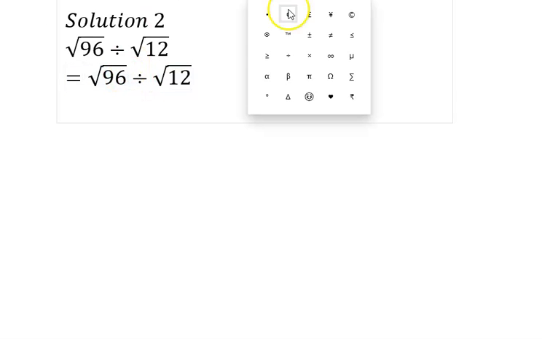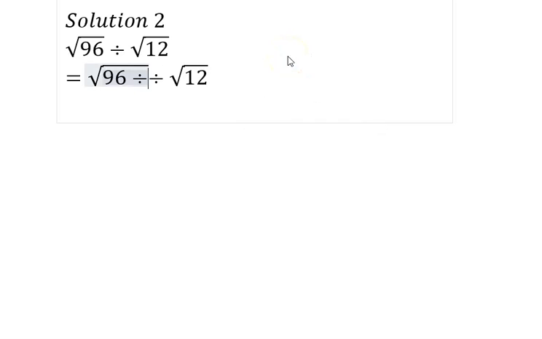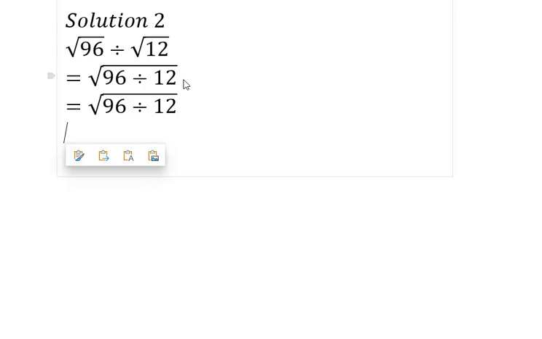Root 96 divided by 12. That means this has gone. You are still saying the same thing. Naturally, if you bring out your calculator and punch in 96 divided by 12, it will give you 8.